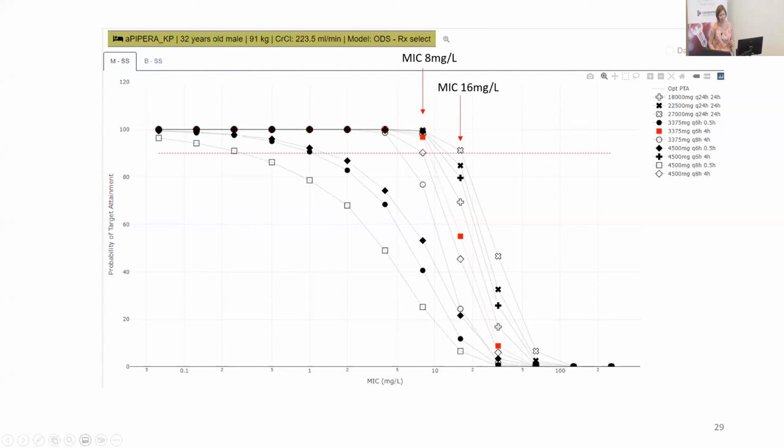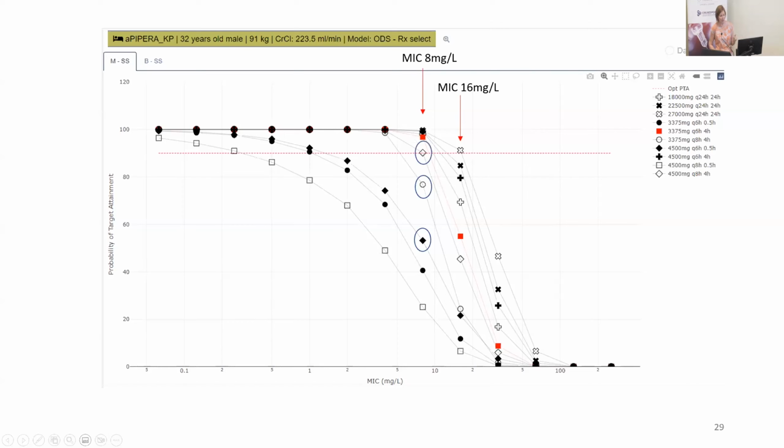But what is really interesting, again, is just matching up your PK/PD parameters and then your likelihood of target attainment. So you can see here that 3.375 grams, which is not available in Australia but is available internationally, given 8 hourly over 4 hours, outperforms 4.5 grams given 6 hourly as a 30-minute bolus. And that's because we're not optimizing the way that we're giving it to make sure we're having a much higher time above MIC.